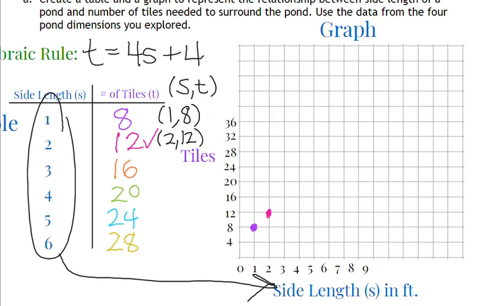And I'm going to continue this pattern. I'm going to go on to 3, 16. So walk to 3, ride up to 16. Moving on to 4 comma 20. So we're going to walk to 4, ride to 20.